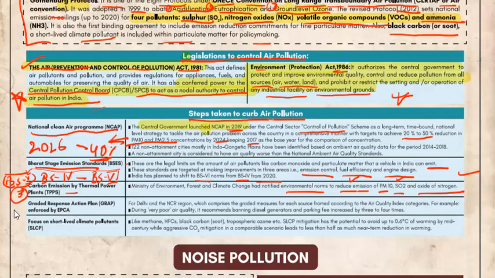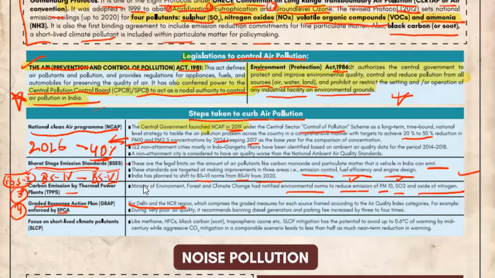Next is the Graded Response Action Plan enforced by EPCA, that is the Environment Pollution Control Authority. This is the Graded Response Action Plan enforced by EPCA. I think you can understand the meaning from the word also. The first statement is for the Delhi and NCR region. It means as the pollution level in Delhi increases, the government will put some graded response.